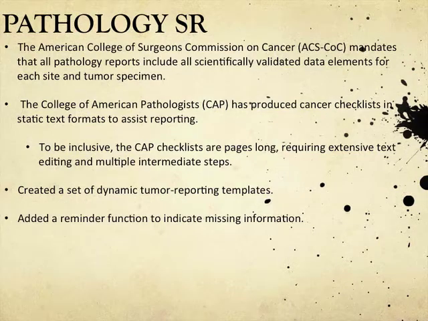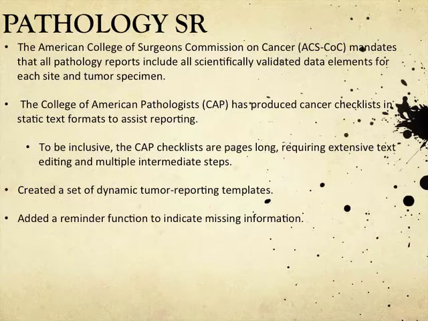So just on the pathological side of things, they're perhaps in some areas in the States a little bit ahead of us in synoptic reporting. So they have the College of American Pathologists that has produced a checklist for all different types of tumor sites. Now this checklist is quite long and it's difficult to work through. It involves a lot of text entering.